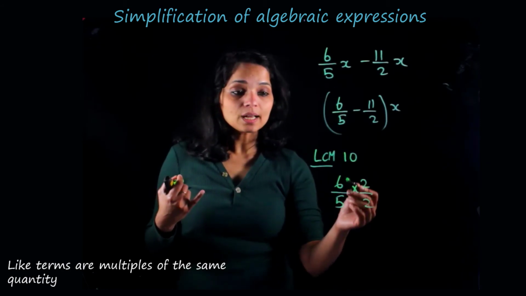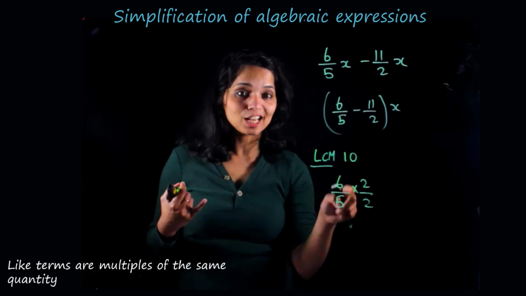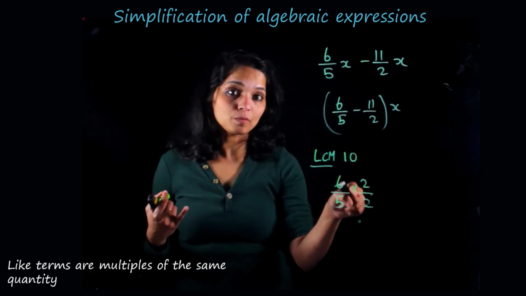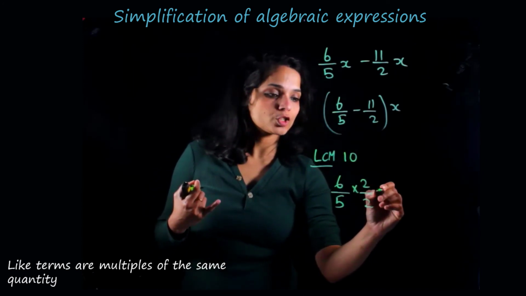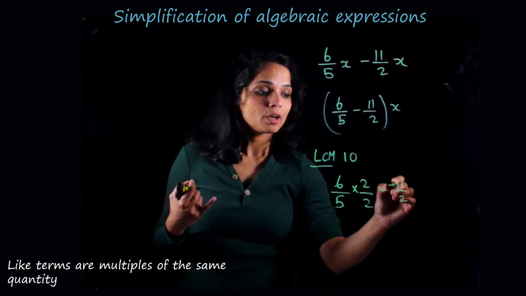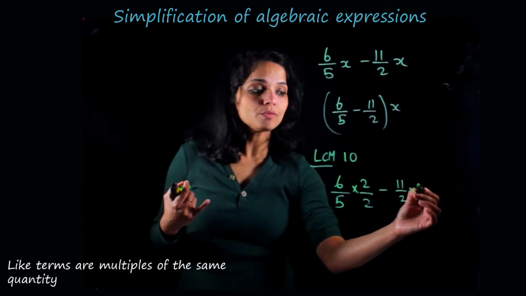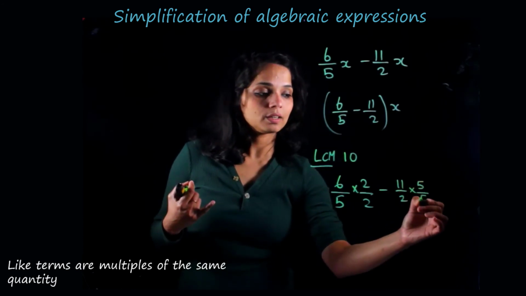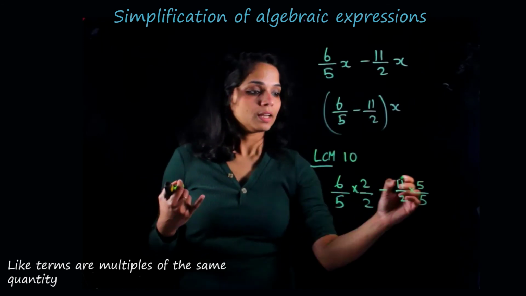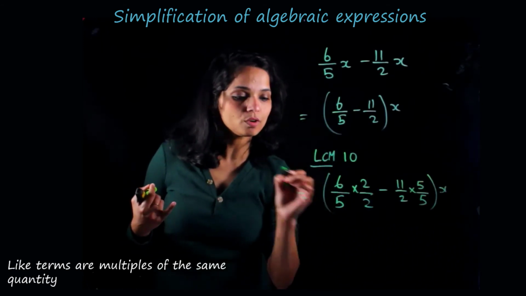The reason I'm multiplying by 2 on 2 is that this doesn't change anything, because we are effectively multiplying by 1. And to make minus 11 on 2 a fraction with denominator 10, you multiply by 5 on 5, and that times x.